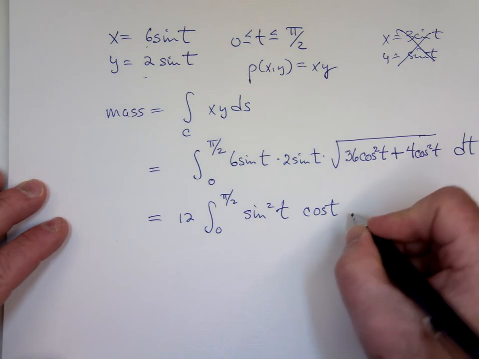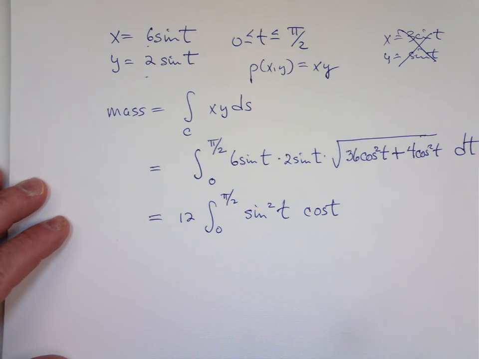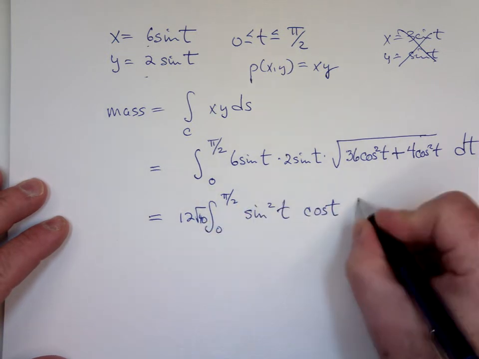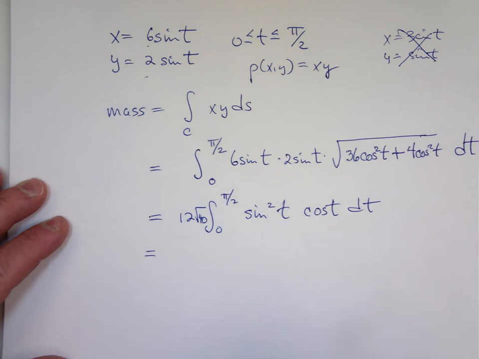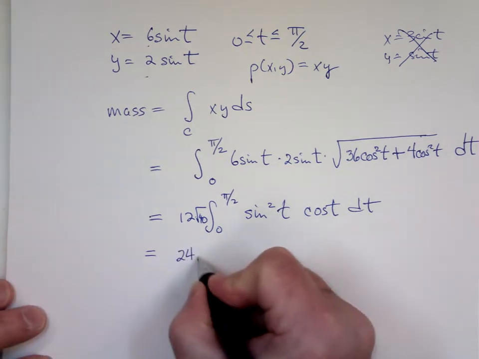The largest perfect square factor of 40 is 4, and then 10. So the 40 is 4 times 10, 4 is the perfect square, and the square root of 4 is 2. So I get 24 square root of 10, integral from 0 to pi over 2.